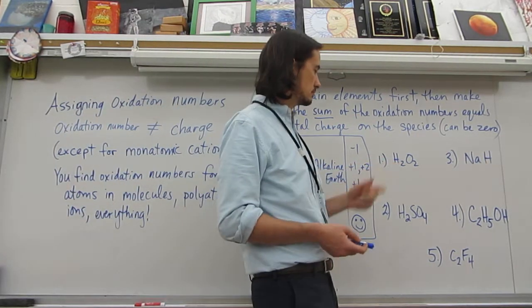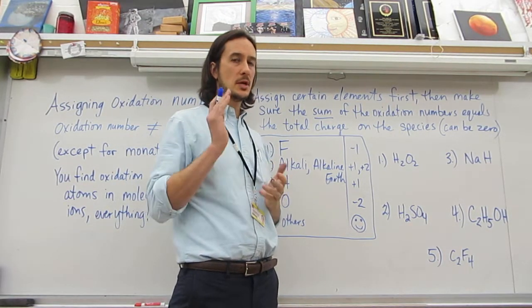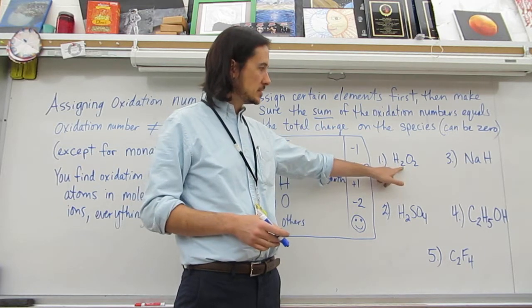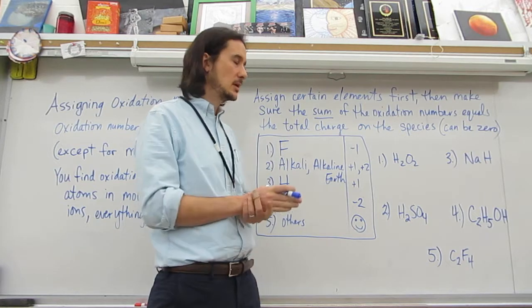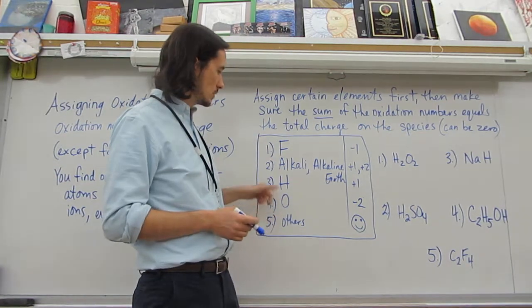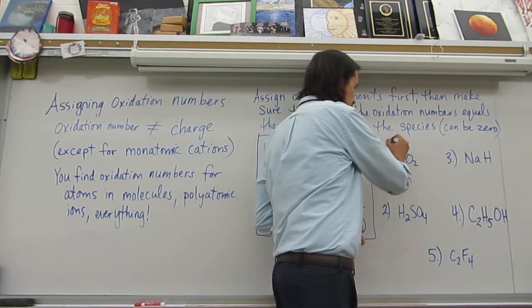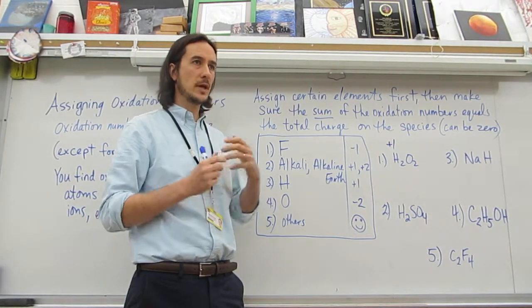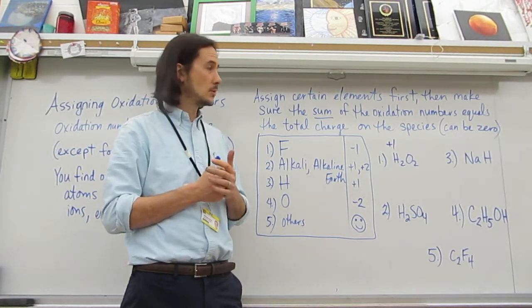So let's do a few examples. We're going to assign oxidation states. We're looking for numbers for a single atom. So even though I see a 2 here, I'm going to write the oxidation state of a single hydrogen atom. If we look in order, I would assign hydrogen first. Hydrogen gets a +1, but +1 times 2 means we've got +2 so far, and we need this to add up to 0.